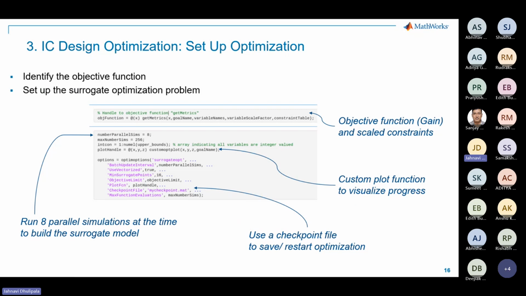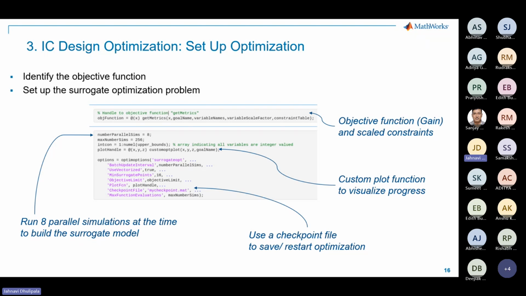Instead of manually doing millions or billions of simulations, I would be using a surrogate optimization method, which is implemented using the Global Optimization Toolbox, where we begin with defining the objective function, right? First we'll be defining the objective function, or we call it the cost function, which is the one we are trying to minimize.